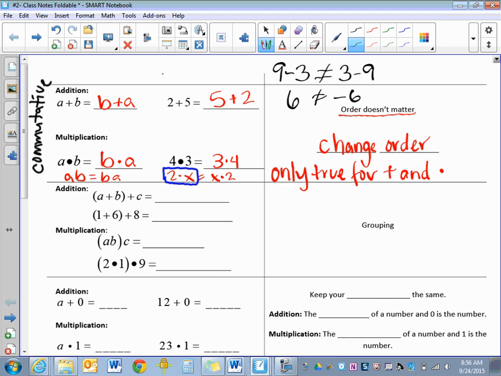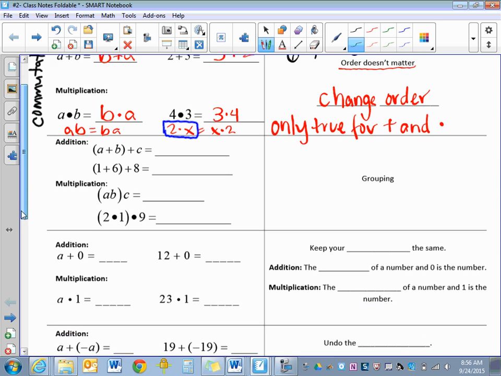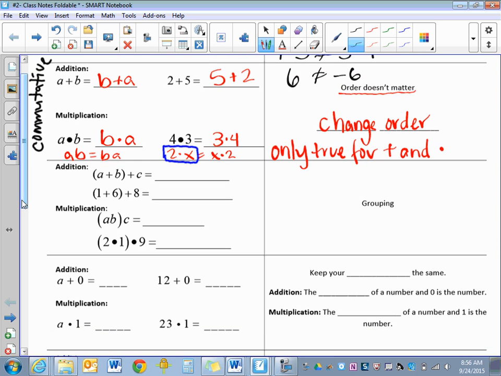Questions on that? All right. So our next property is our associative property. And again, I'm going to write that on this side. Associative. And again, this is true for addition and multiplication.